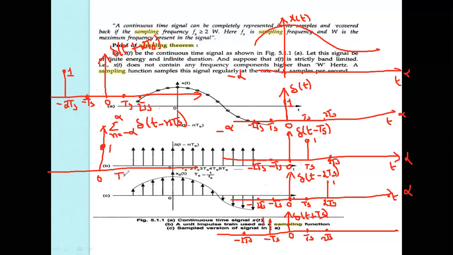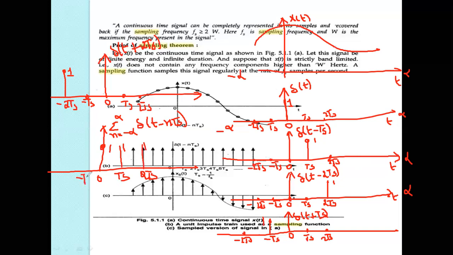At ts, you can see the values 0, 1, 0, 0, 0, so again we get 1 more. At 2ts, adding all the functions, 2ts has 0, 0, 1, 0, and 0, so the value is 1.